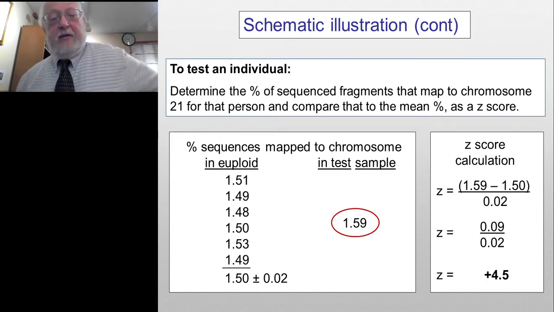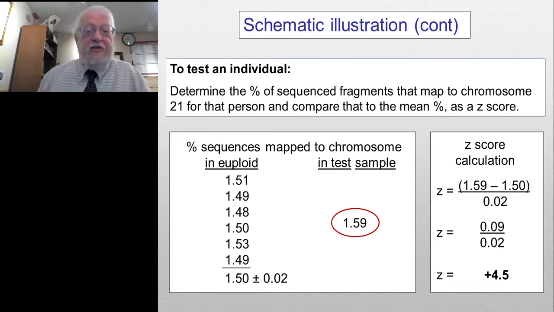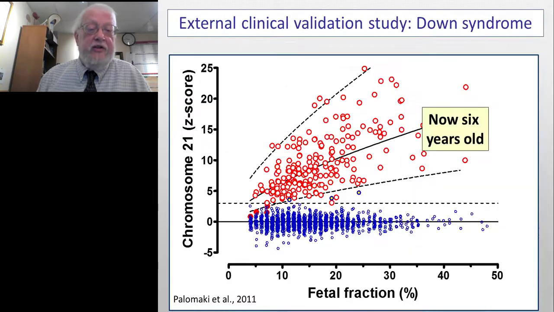And this is from our large external validation that started clinical testing back in late 2011. Here are those chromosome 21 z-scores that I just showed you how to generate. If you drew a line at +3 and -3, you would expect your euploid pregnancies, the blue dots, to fall somewhere between ±3 standard deviations.